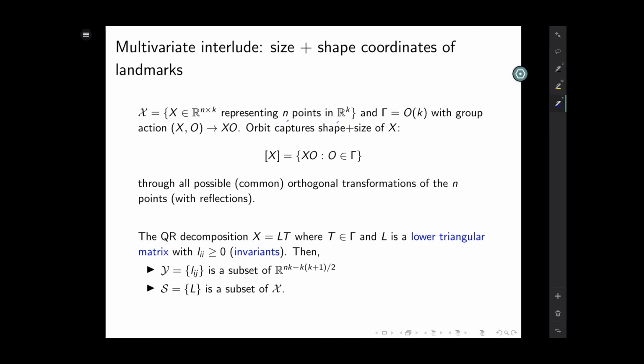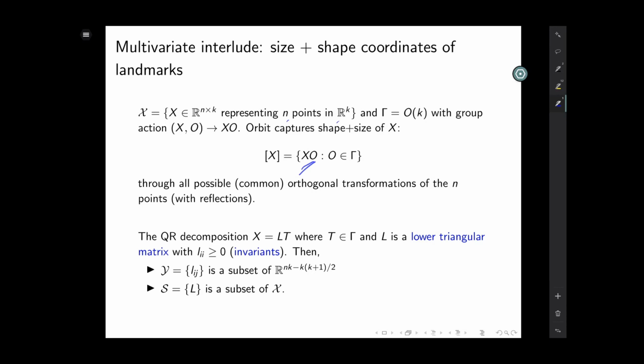So each orbit now contains the set of all other matrices which are orthogonal transformations of the k-dimensional rows in the configuration matrix X. Okay. So this is the set of all possible matrices, in some sense, which have the same size and shape as X.